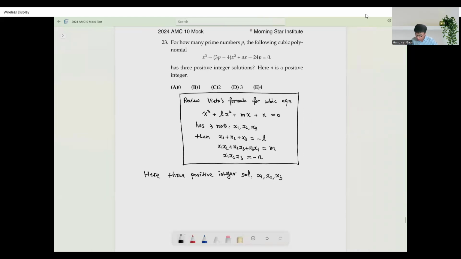Now by Vieta formula, we know that the sum of the roots, x1 plus x2 plus x3, equals 3p minus 4. And the product, x1 times x2 times x3, is equal to 24p. Of course, a is computed by x1 x2 plus x2 x3 plus x3 x1. But here, let's focus on the sum and the product.